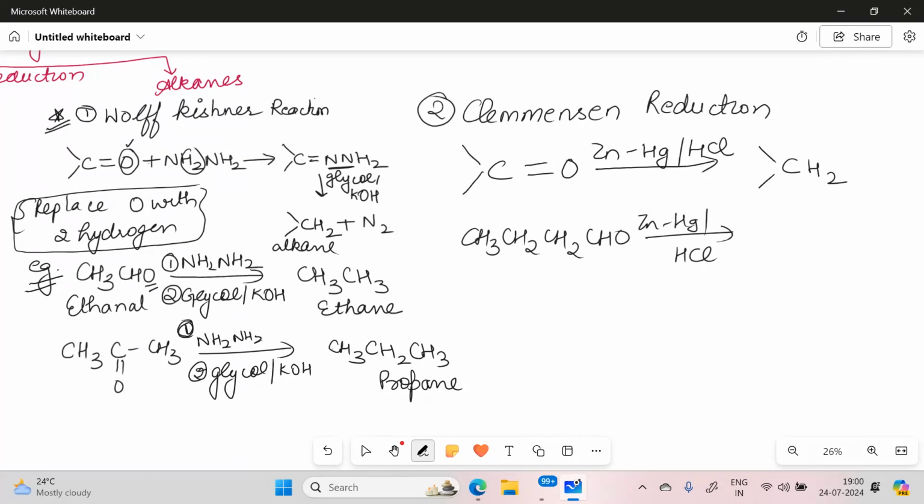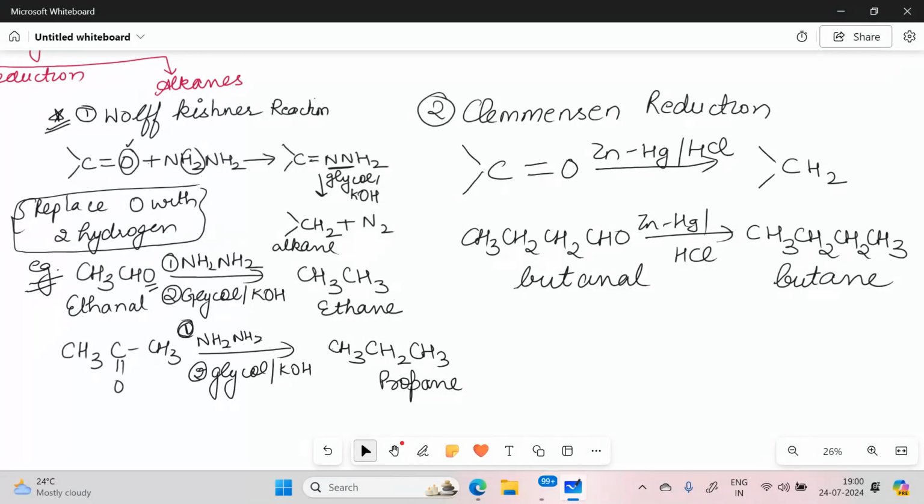What is the answer here? Ma'am, butanol, basically, O will get replaced, right? So will it be CH3, CH2, CH2, CH3? What is the name? 1, 2, 3, 4. Ma'am, it'll be butane. Corresponding alkane will be formed. So butanol converts into butane.